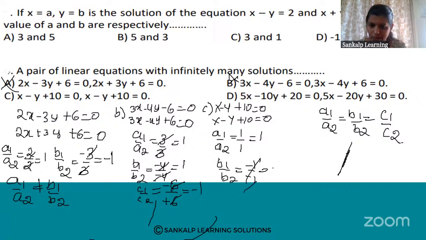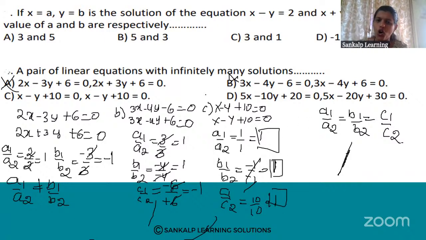Minus 1 and minus 1 get cancelled, you will get 1. c1 divided by c2: 10 divided by 10. Here also we are getting 1. This is the same, this is the same, and it is also the same. Therefore, option C is right. No need to check the other option. Option C is right. Okay.